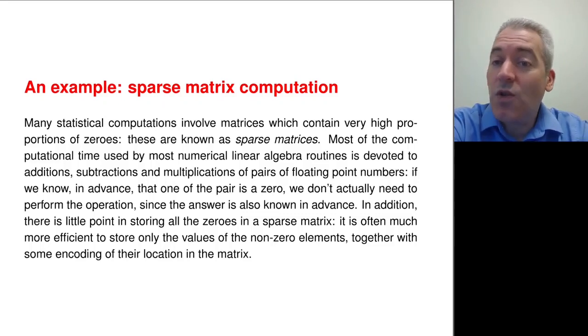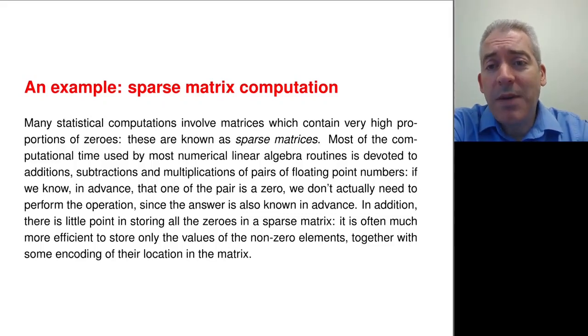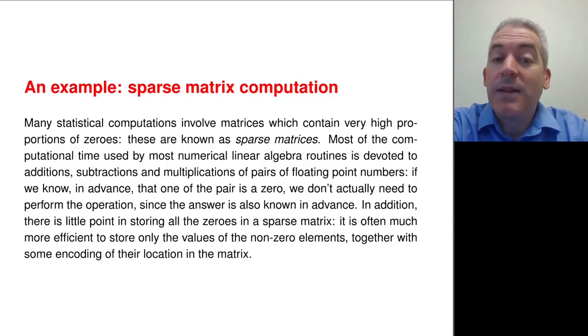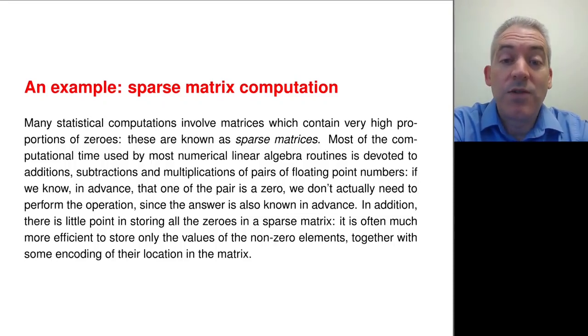You're just storing the non-zero elements, and when you do your computations involving those sparse matrices, you again do those computations in an intelligent way that automatically skips over all of the zero elements. It doesn't spend a lot of time and effort doing computations that are going to wind up being a zero. So that's what sparse matrices are all about.